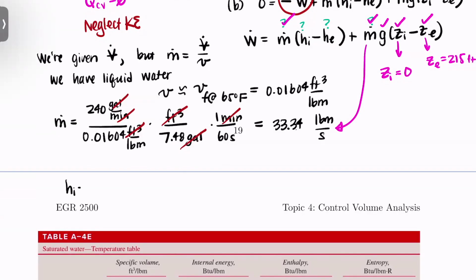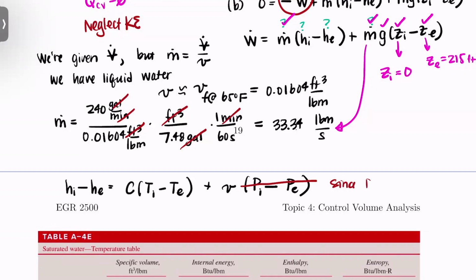So HI minus HE is equal to C times TI minus TE plus our specific volume times PI minus PE. All right, we already said that PI and PE are equivalent. They're both equal to P atmosphere. So this goes away since PI equals PE equals P atmosphere, right?